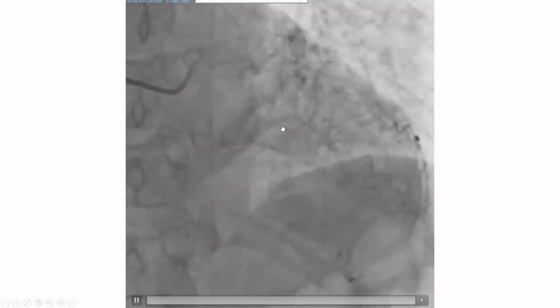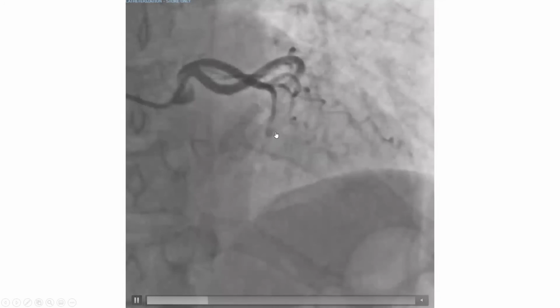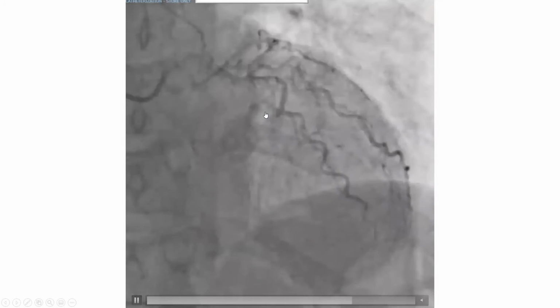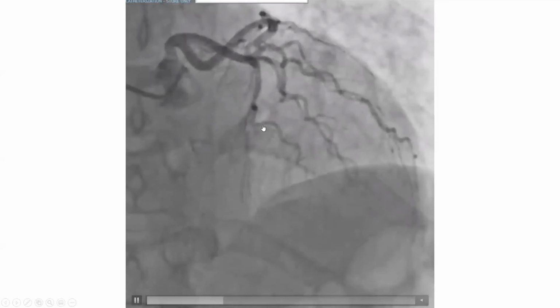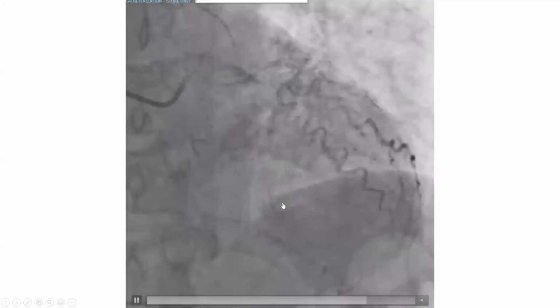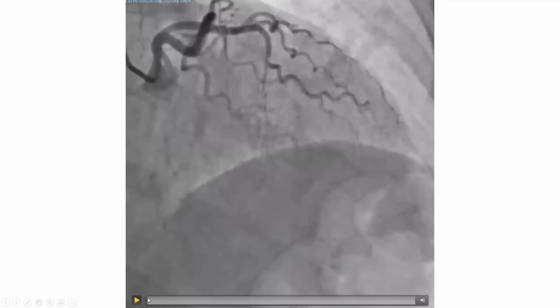And I believe the LAD occlusion is at this point, somewhere here. So this is an LAD that has an unusual course. It dives down, maybe intramyocardially. It gives another diagonal and a septal, and probably the LAD's occlusion is somewhere here, distally. It's an occlusion past the distal septal and distal diagonal.